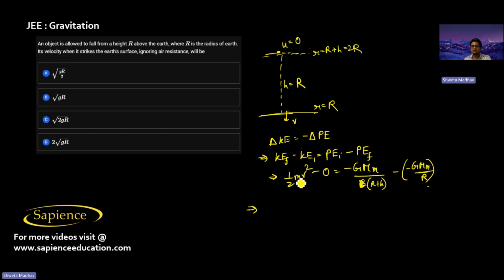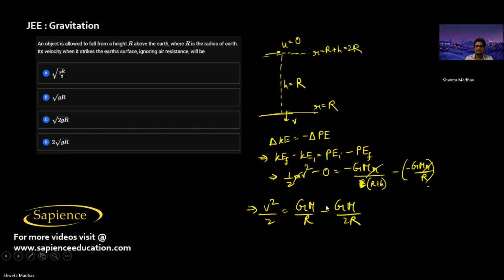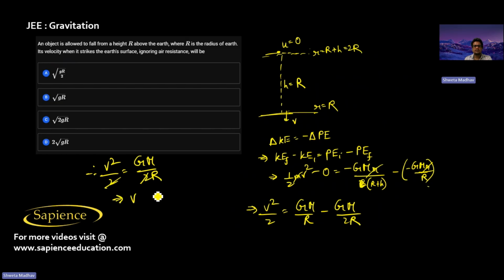So therefore, m I can cancel out, where m is the mass of the object. So I can say v square by 2 is equal to GM by r minus GM by 2r. So therefore, v square by 2 is equal to GM by 2r. So 2 and 2 will get cancelled. So v will be equal to root over GM by r.